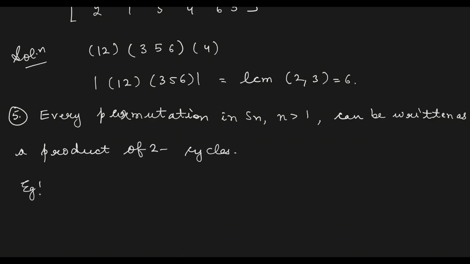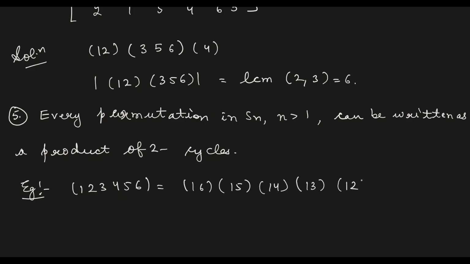For example, (1 2 3 4 5 6) can be written as (1 6)(1 5)(1 4)(1 3)(1 2). Simply, I have written like this: (1 6), then (1 5), then (1 4), (1 3), (1 2).